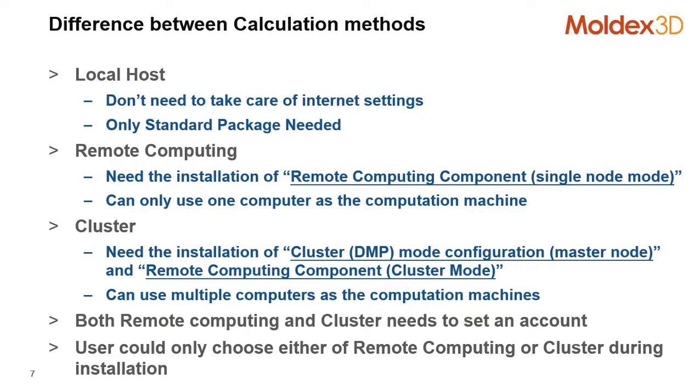You use your own computer to set up everything in the project, and then send the calculation to exactly the same computer, so you don't go through the internet settings. During the installation, you also only need to install the standard package of Modex 3D.